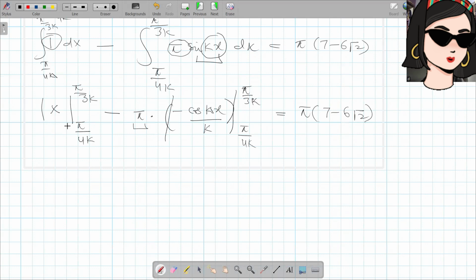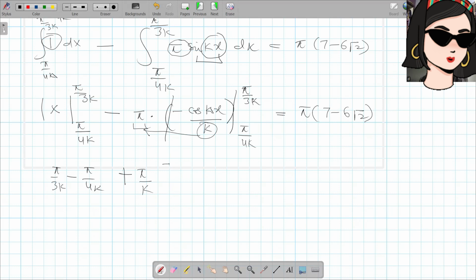So now we will apply the limits here. Upper limit is pi over 3k minus the lower limit pi over 4k, and minus into minus will be plus pi over k. This k can be kept outside.